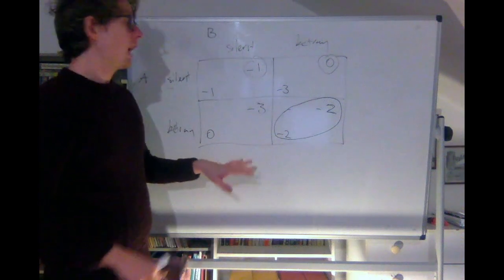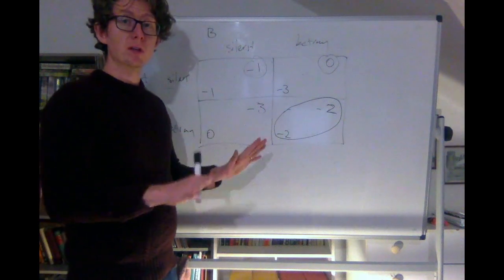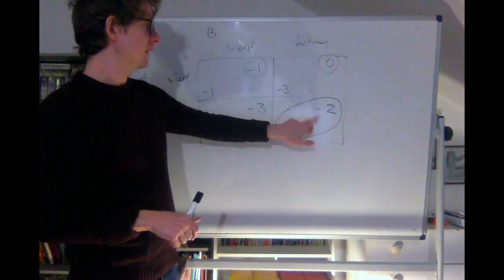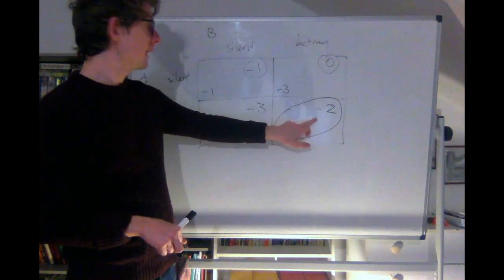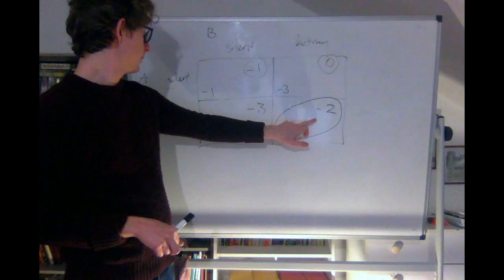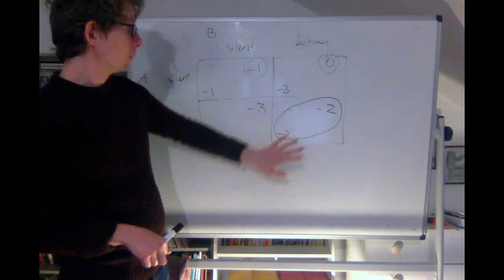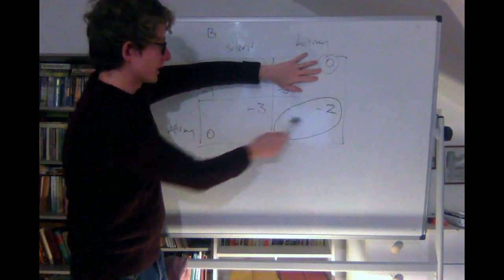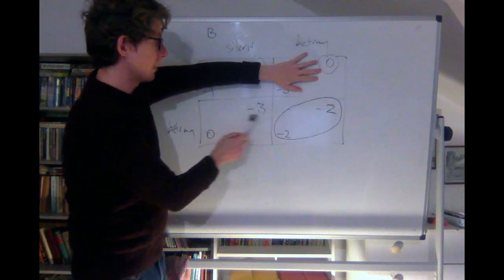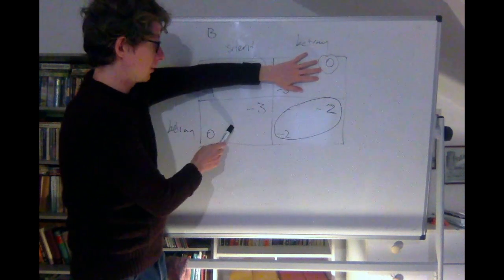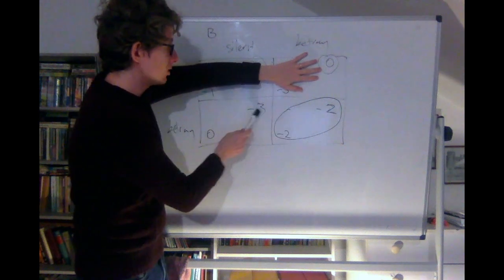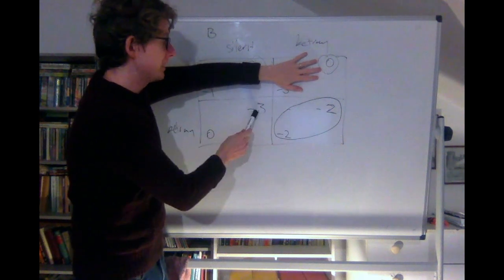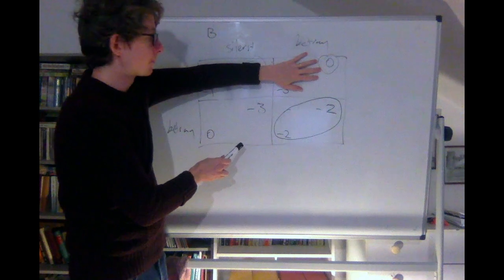What we're asking now is, would B have preferred to stick with their choice in this outcome if they had known ahead of time what A was going to do? Holding fixed what A is going to do means that B is effectively just considering these two outcomes here. They're comparing these two payoffs, because these are B's payoffs in each of the two outcomes.